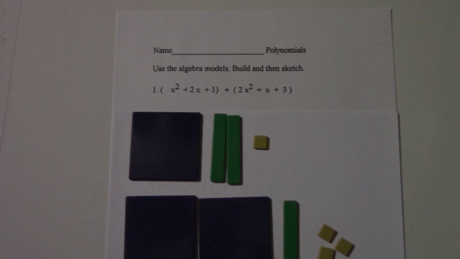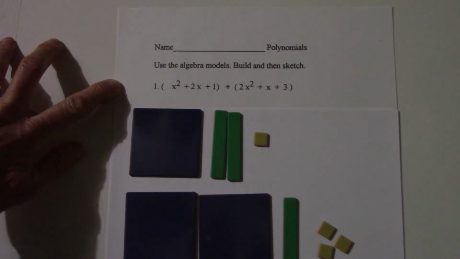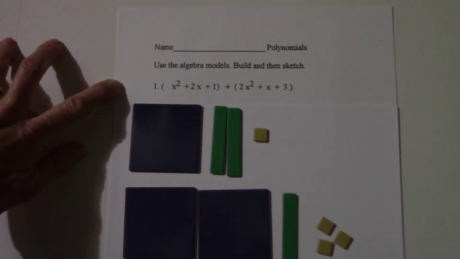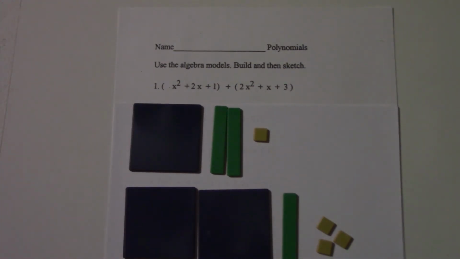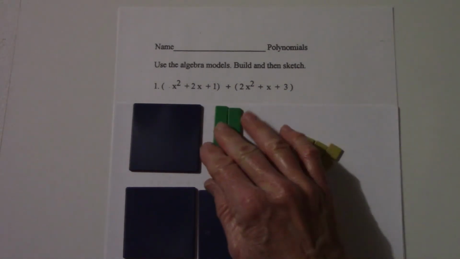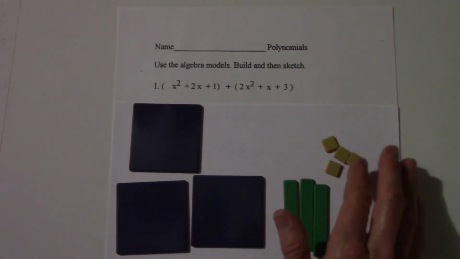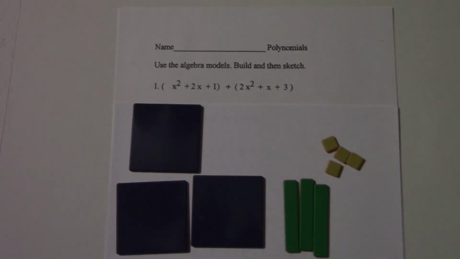And then what we see is that we have some shapes that are the same, or terms that are the same. So if we put those together, kind of group them together, we can see that we have 3 of the x squared terms, put those together, 3 of the x's, and 4 of the other, the ones by itself.